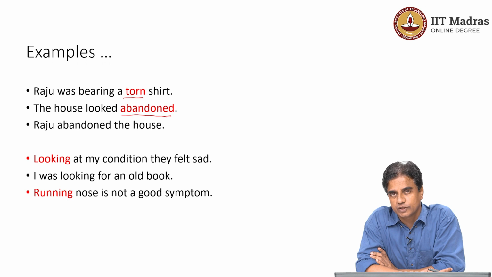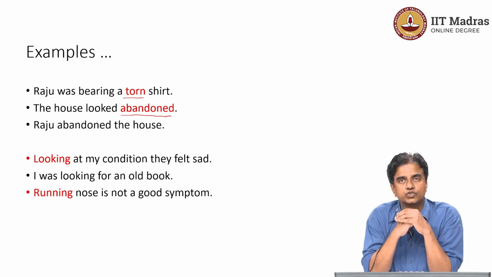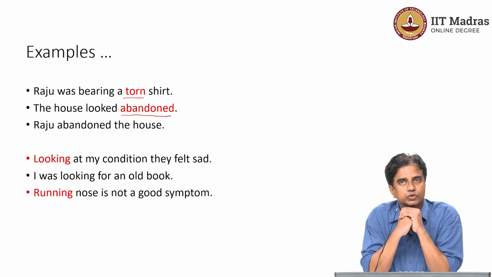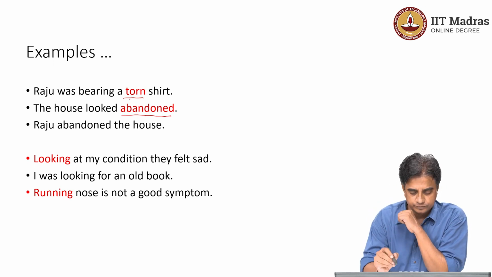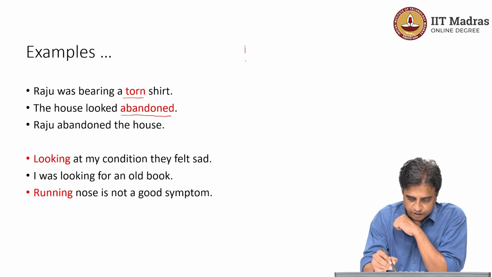Do they look familiar to you? If they do, look at their uses in the sentence. Raju was wearing a torn shirt. The house looked abandoned. How do these two words look to you? They look like a verb. So, we are talking about participles.